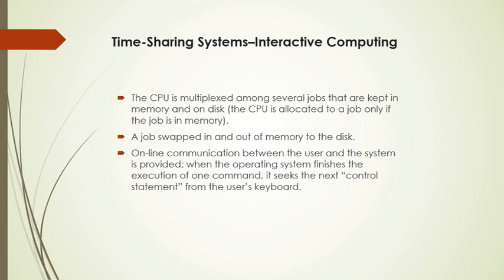The jobs are swapped in and out of memory to the disk, because there may be a memory constraint. All the jobs may not be in memory, so jobs may be swapped in and out. Some jobs will be in memory, some on disk. When the execution of the jobs in memory is over, the jobs from the disk will be taken and put in memory.